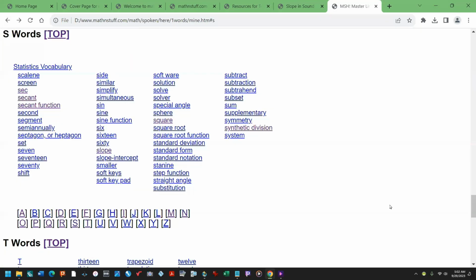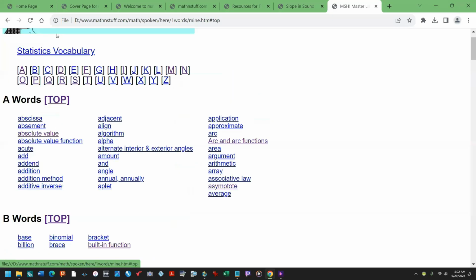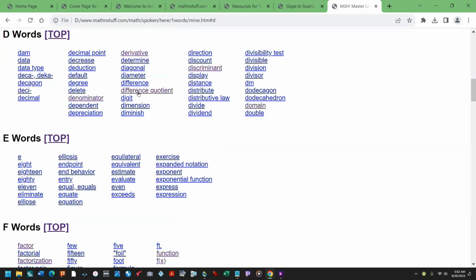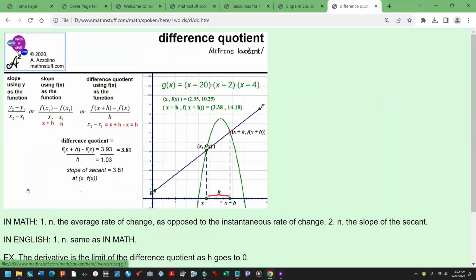One more stop I'd like to take is difference quotient. Difference quotient, when you're in Algebra 1, is the slope. The words difference quotient: difference comes from subtraction, quotient comes from dividing.